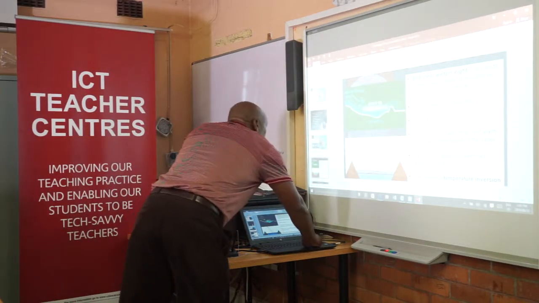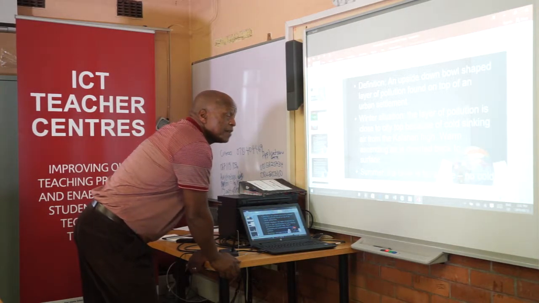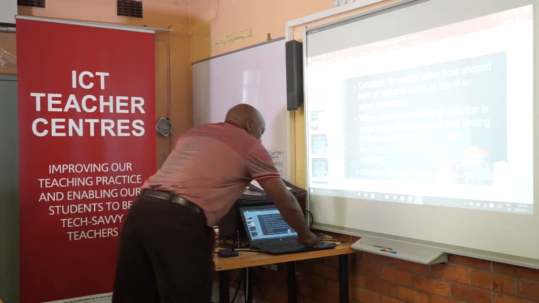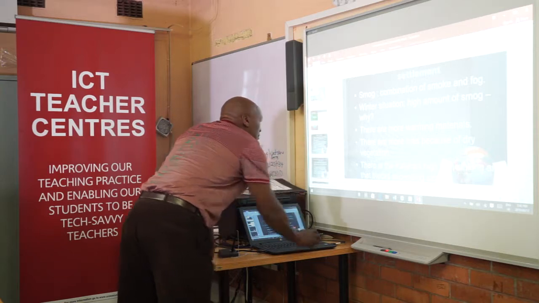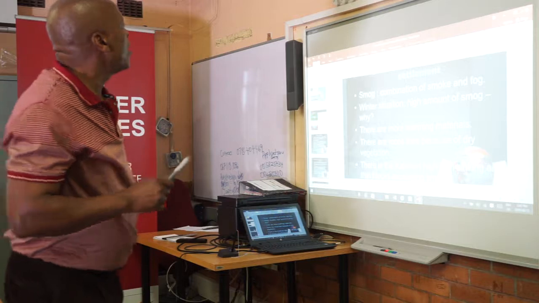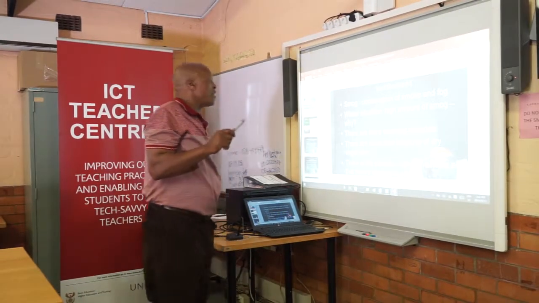Let's move on. Pollution layer definition, learners must not forget: upside down bowl shape layer of pollution found on top of an urban settlement. Of course, with also the changing position. Smog. What is smog? Definition: combination of smoke and fog. Winter situation, high amount of smoke.